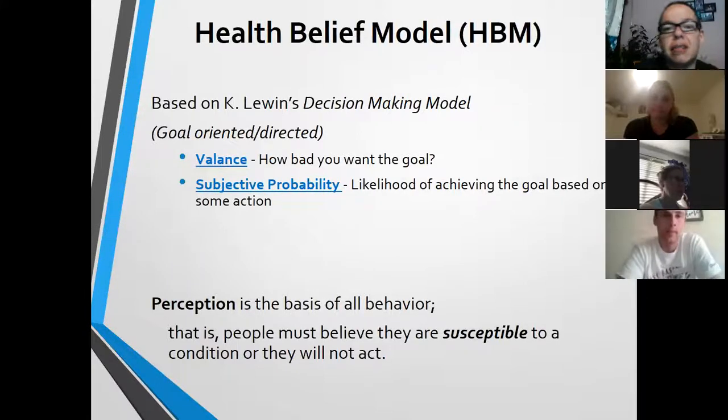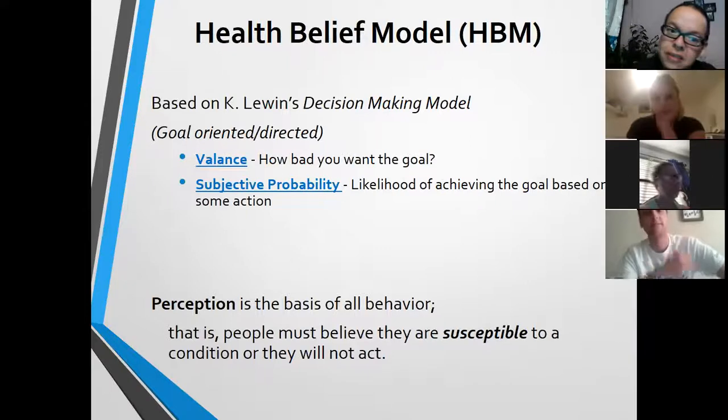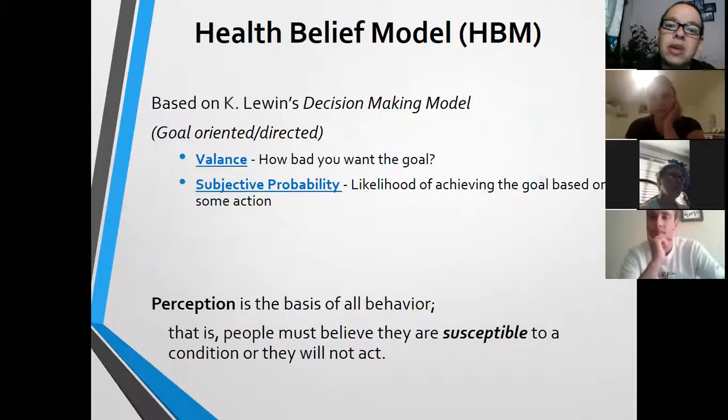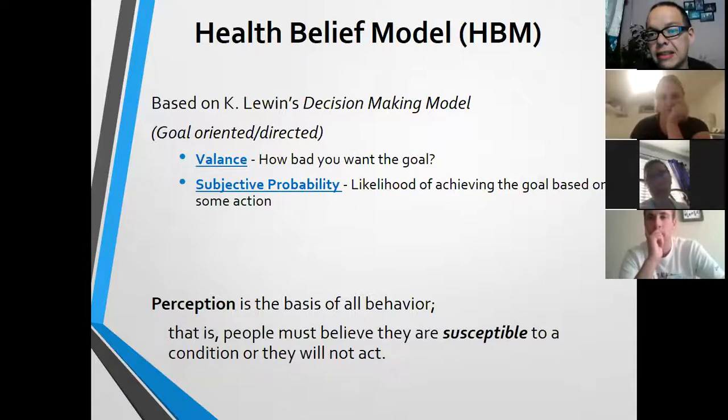And here they talk about the decision-making model, which is goal-oriented or directed. It talks about valence, subjective probability, and it says that perception is the basis of all behavior, which means that people need to believe that they are susceptible to the condition or they will not act. Can you explain to me the valence? It's how bad you want the goal, how much you want it to happen to you. Right. I've never heard of that word either.